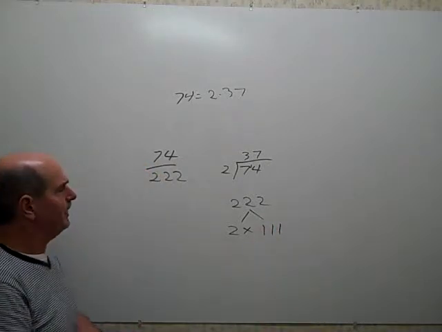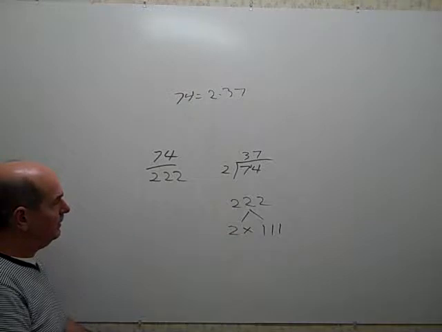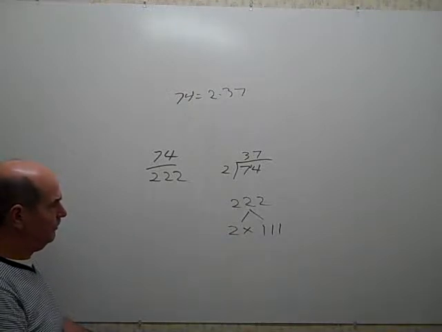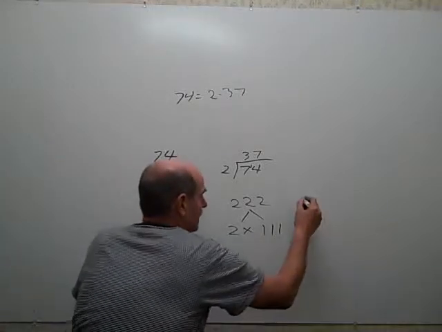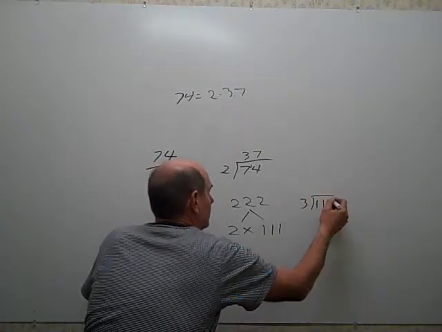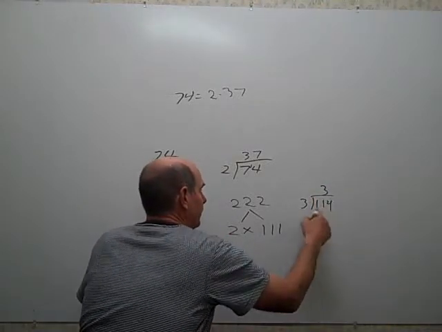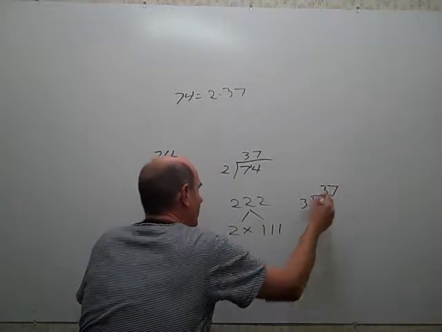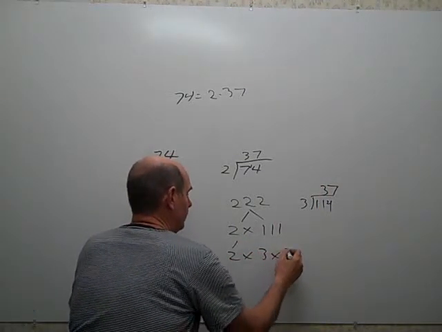And 111 kind of has the look of a prime number until you do the test for 3. 1 plus 1 plus 1 is 3, so 3 goes into 111. If I did that, 3 goes into 11 3 times, remainder 2, and 3 goes into 21 7 times. So I get 2 times 3 times 37.